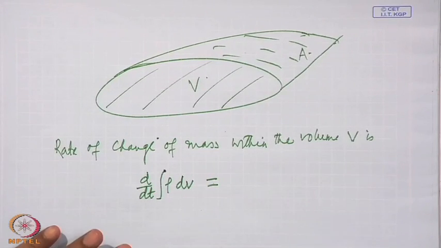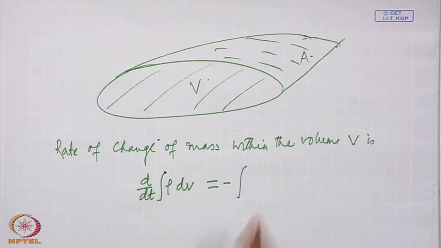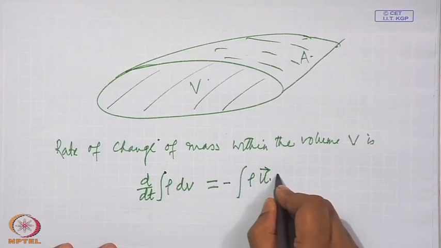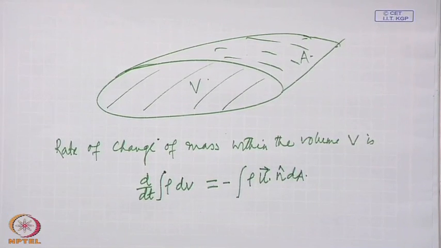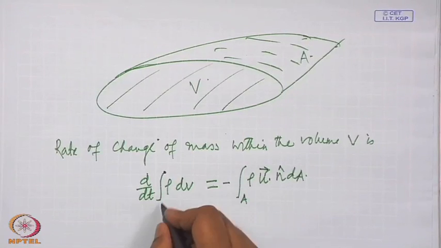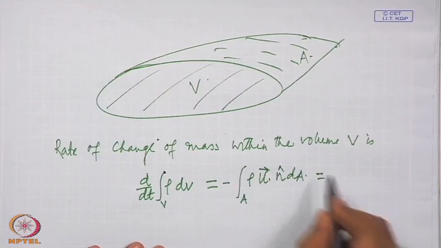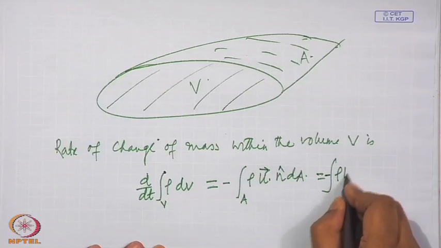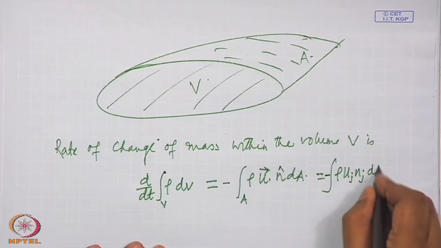The net mass outflow or inflow, we can simply write integrated over the entire area. In our index notation, the minus will of course be there, rho u j n j dA.